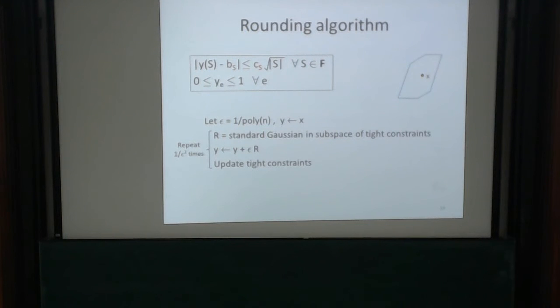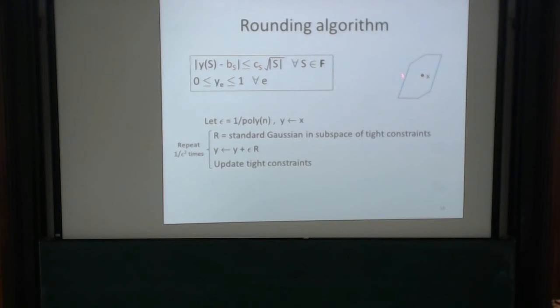The algorithm is quite simple to state. We choose some really small parameter epsilon, 1 over polynomial in n, and starting at any point, which is initially the fractional solution, we look at all the constraints of this polytope which are tight. We ensure that we stay in the tight faces, and in that tight subspace, we pick a standard Gaussian and move an epsilon amount in that direction.